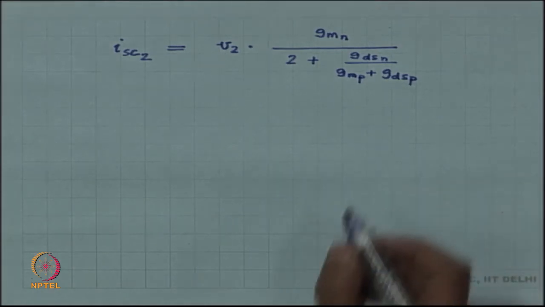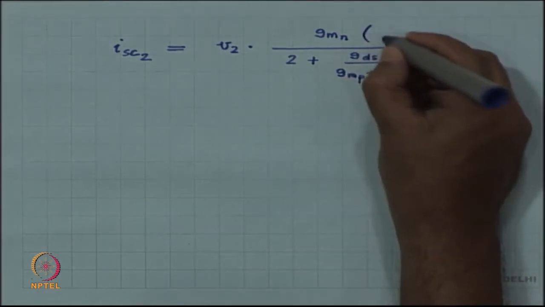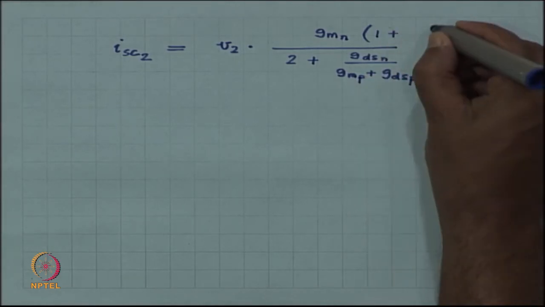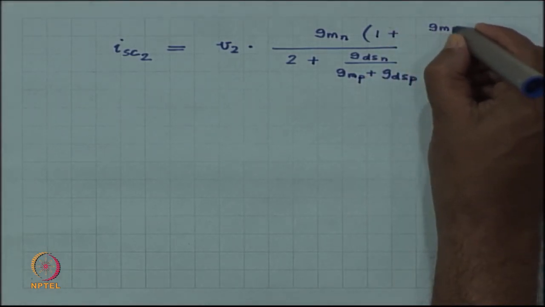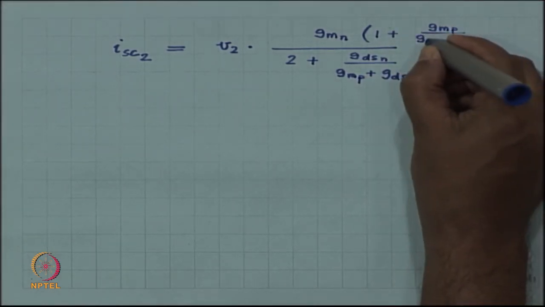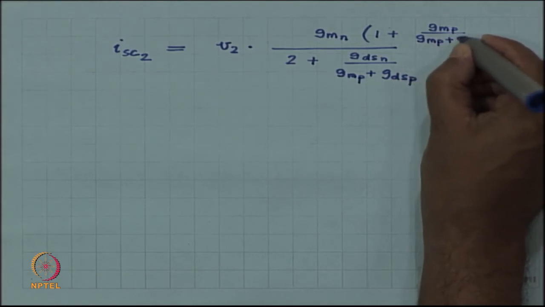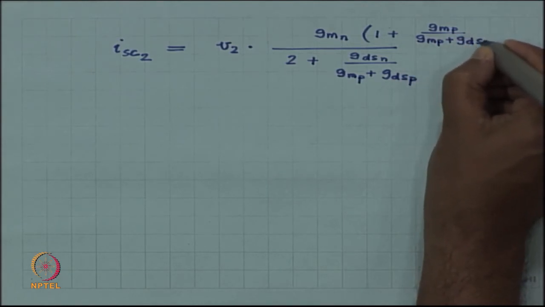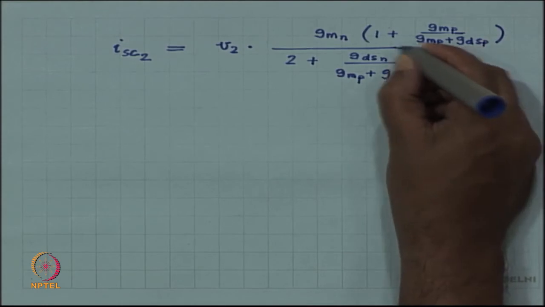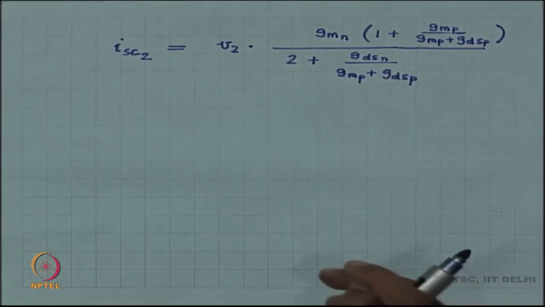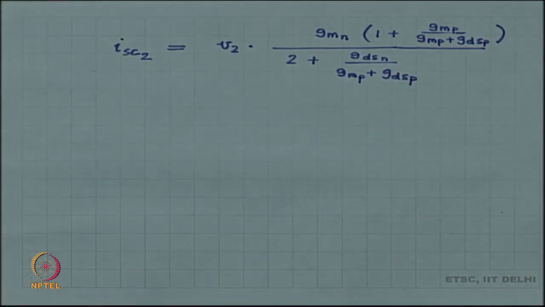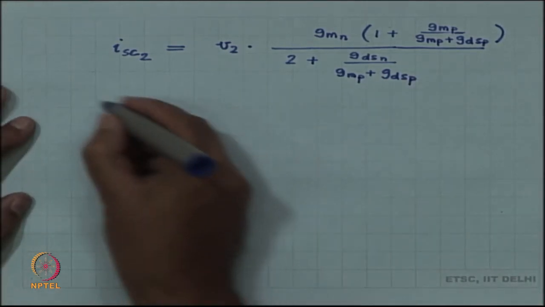Now, this current times 1 plus GMP by GMP plus GDSP is the total short circuit current. And obviously, what you are going to do is multiply numerator and denominator by GMP plus GDSP.